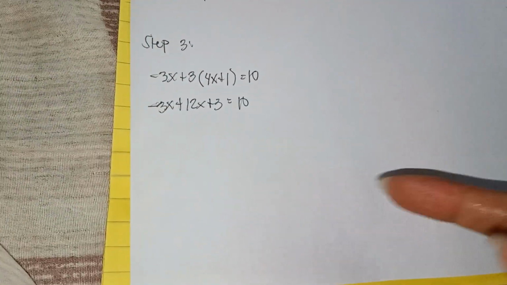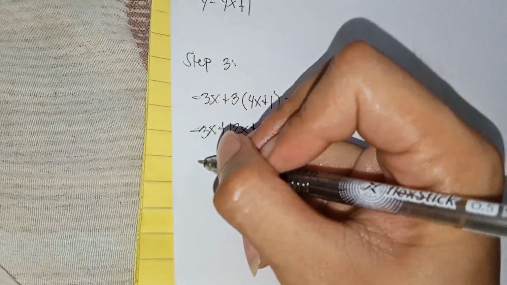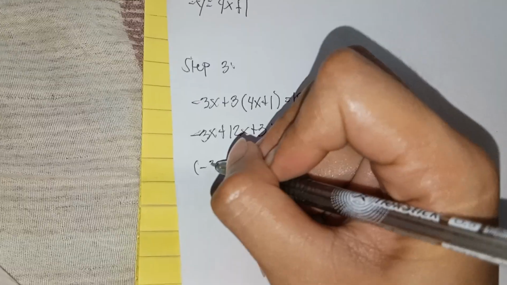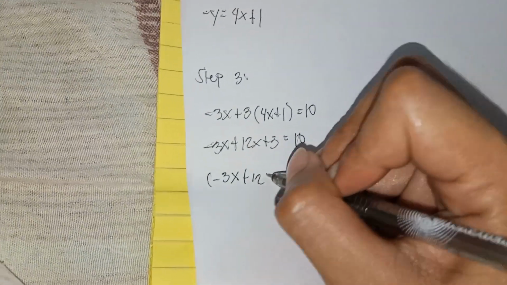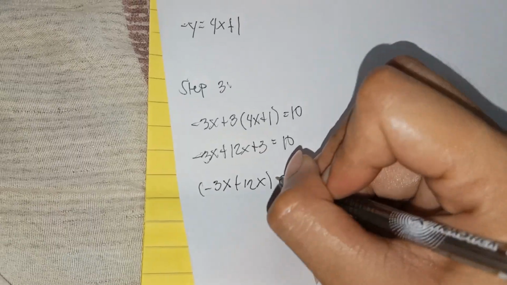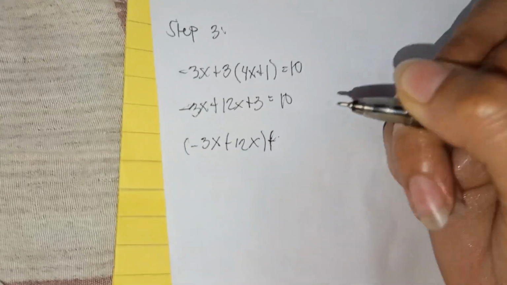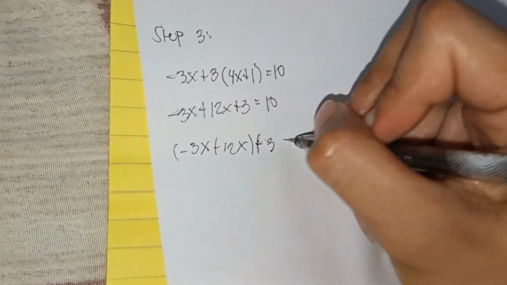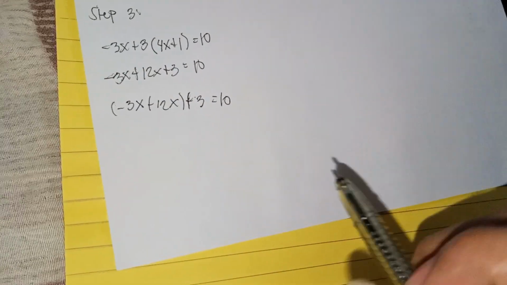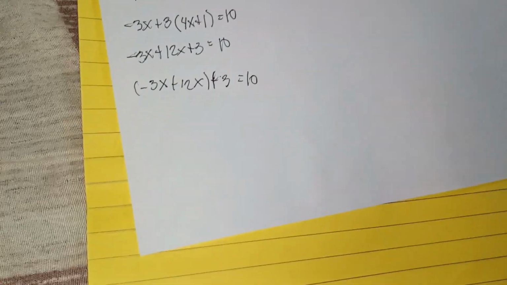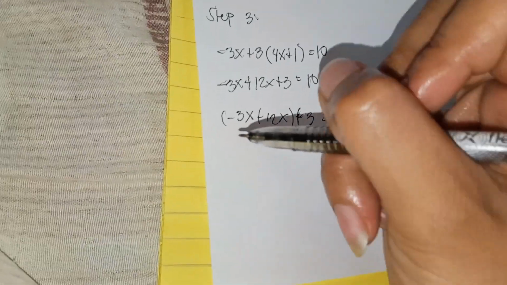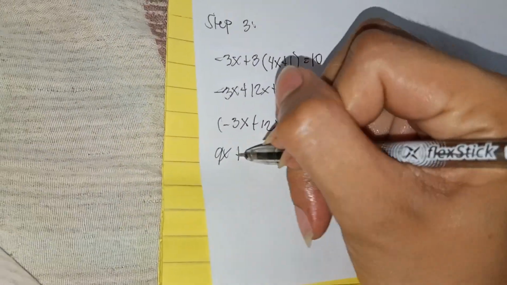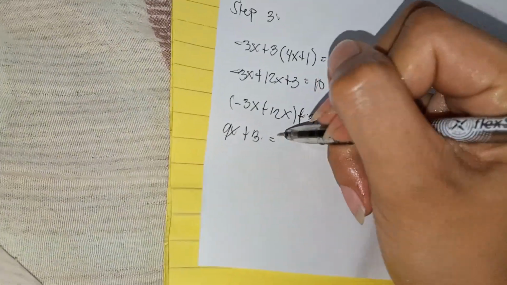Then we're going to combine like terms. Open parenthesis, negative 3x plus 12x close parenthesis plus 3 equals 10. So it is going to be 9x plus 3 equals 10.